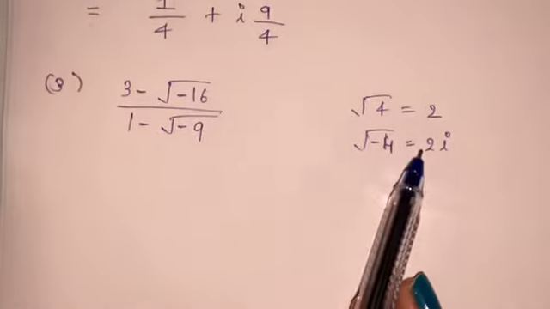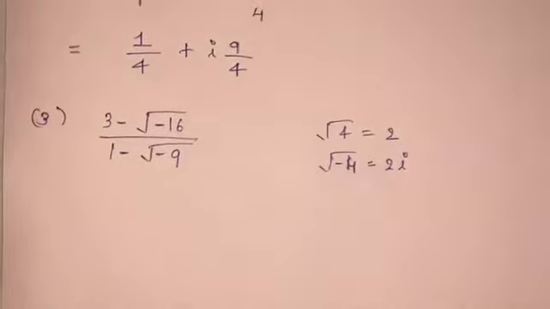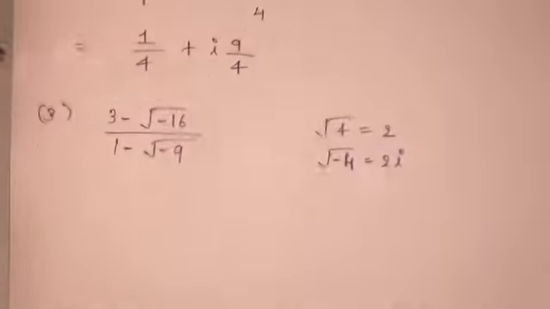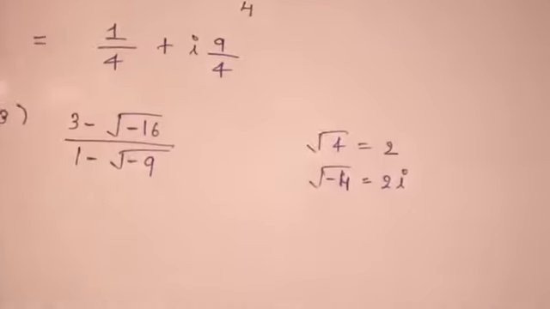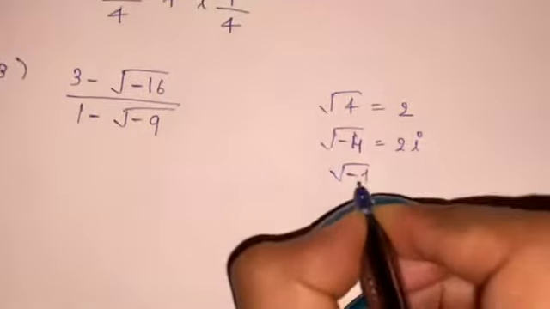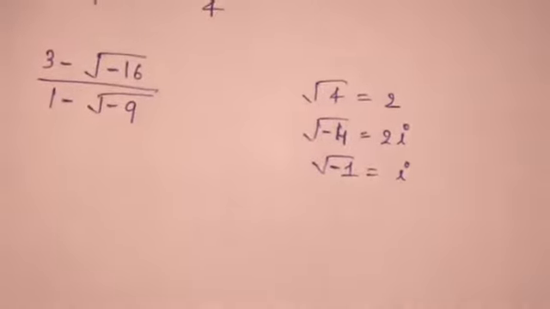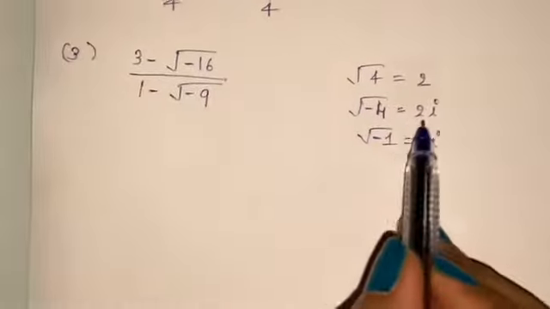We have already studied, when we saw the definition of a complex number, at that time I had already given that the square root of minus 1 is equal to i. You will not get 1i. The square root of minus 4, you will get 2i.